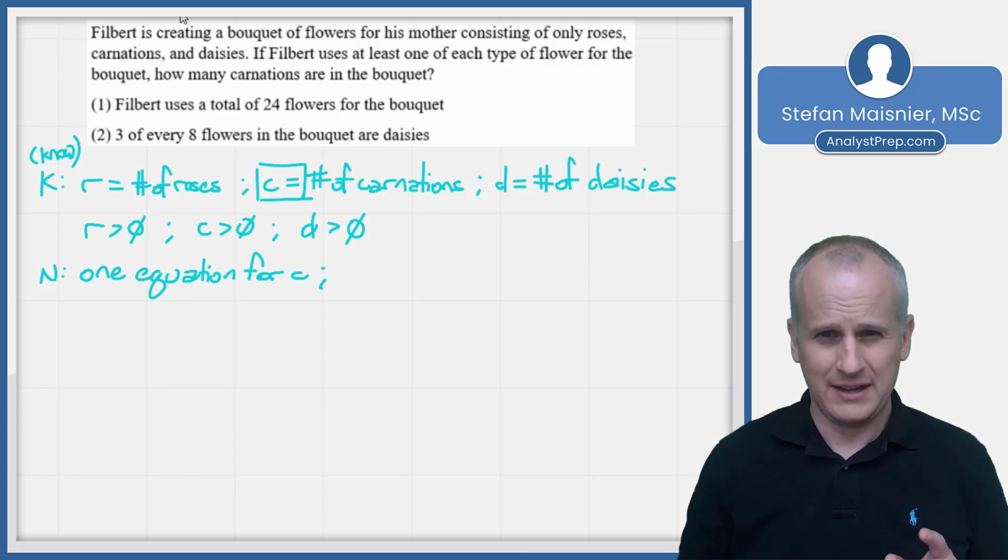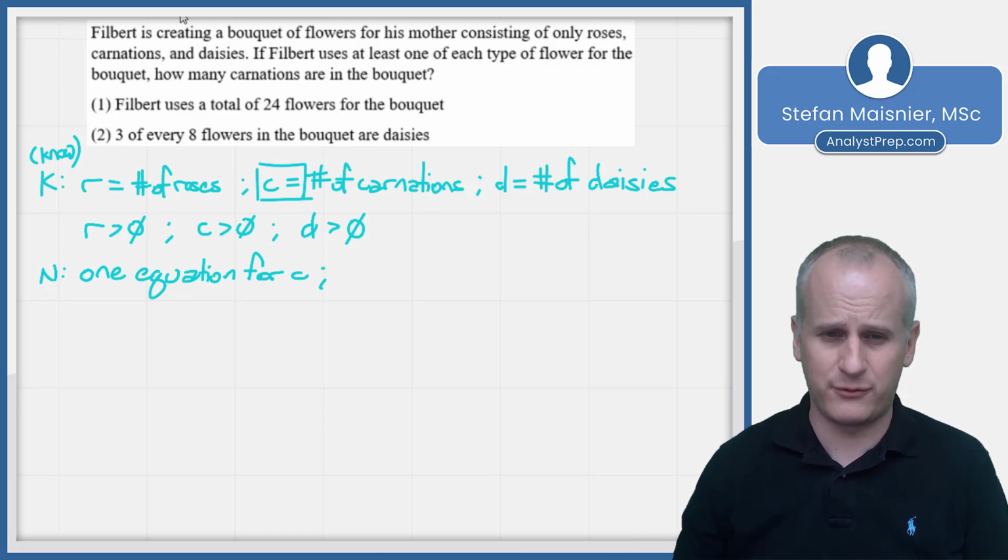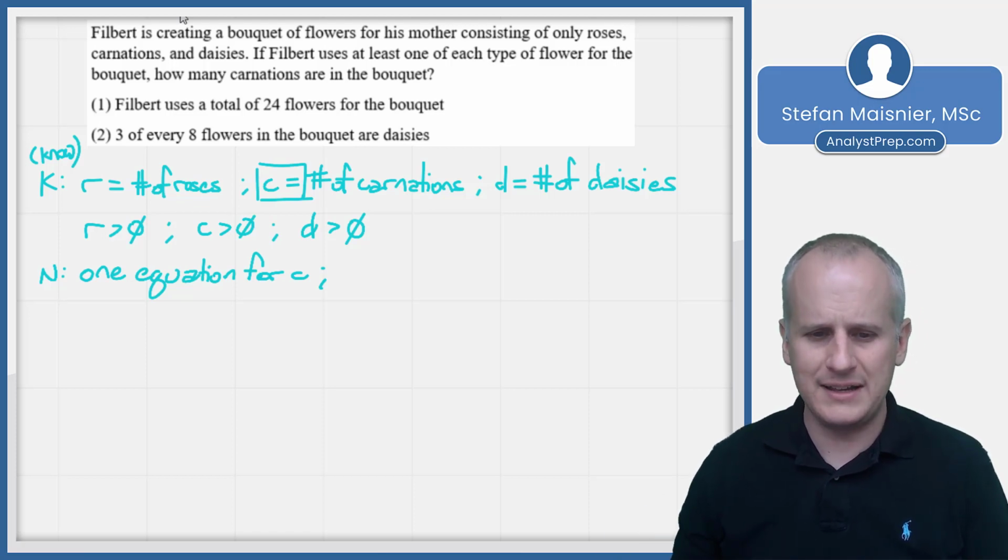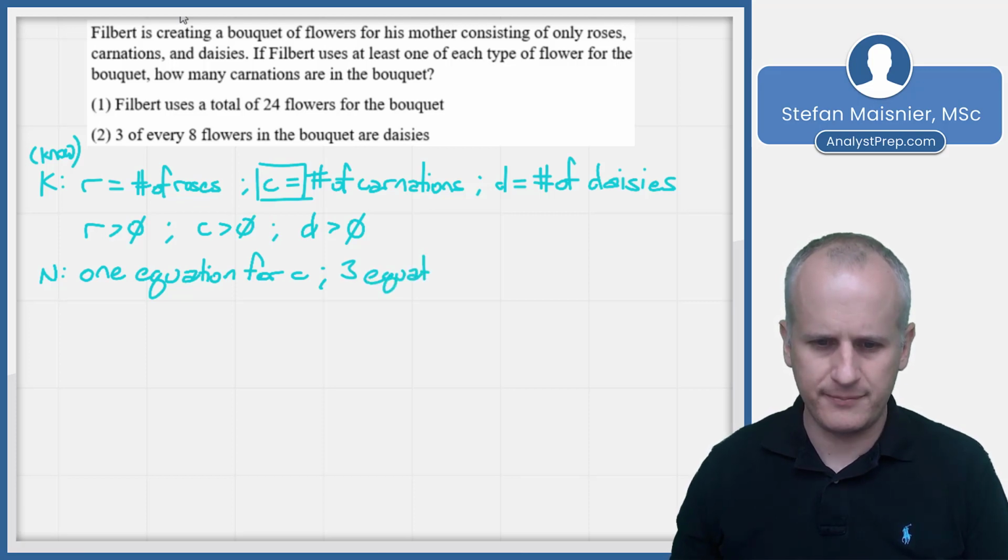If I've got one variable of x, I need one equation to solve for x. If I've got 2 variables x and y, I need 2 equations to solve for x and y individually. So I need either one specific equation for C, or I need 3 equations with no new variables. Because if we get a new variable, then we need another equation.